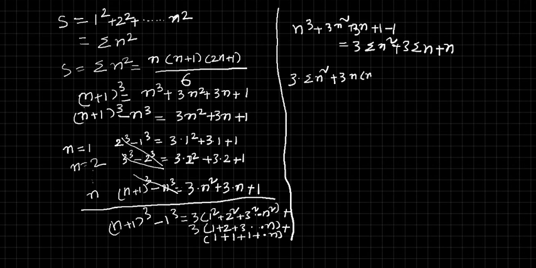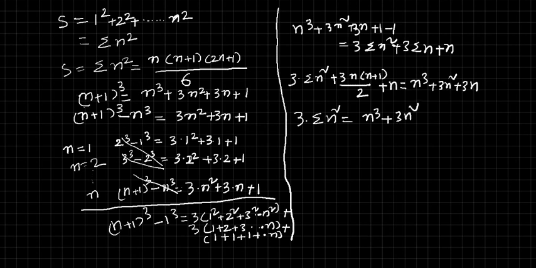We know that is n into n plus 1 by 2 plus n is equal to n cube plus 3n square plus 3n. 3 into sigma n square is equal to n cube plus 3n square plus 3n minus 3n into n plus 1 by 2 plus n.